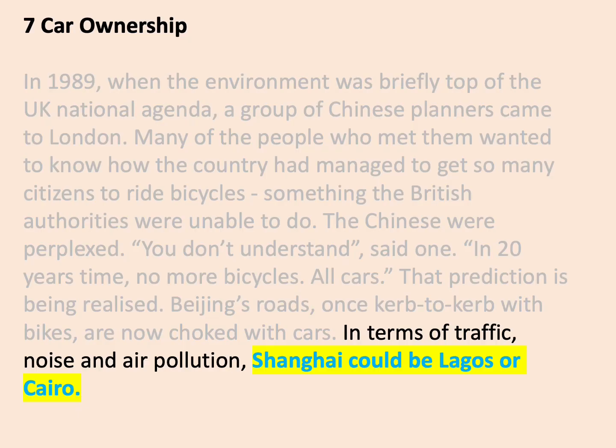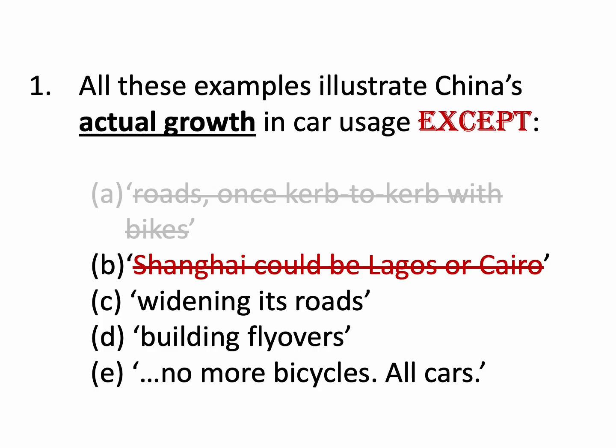Now, there is a comparison made between Shanghai and Lagos and Cairo. And this is to a current state of actual pollution. So we can cross this one off as well as being representative of actual growth.